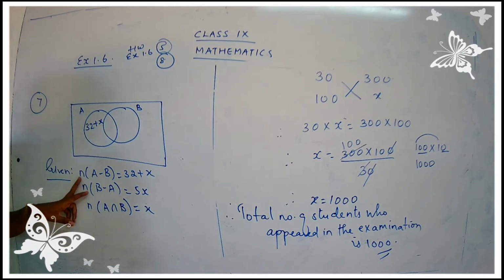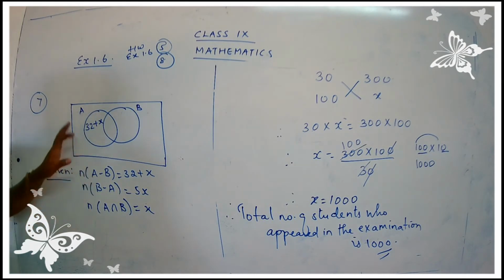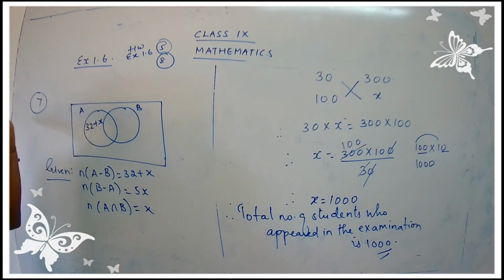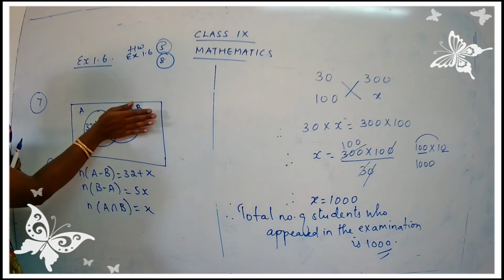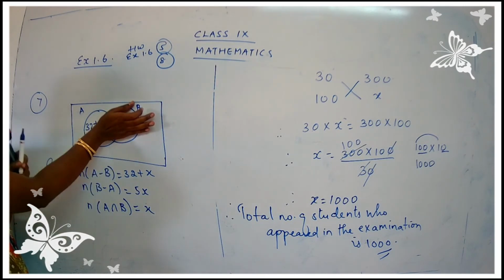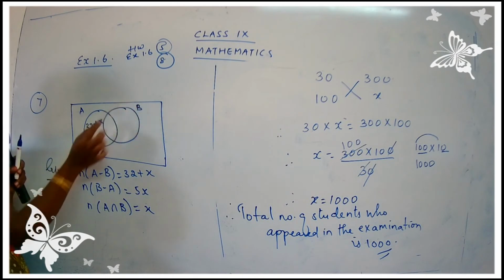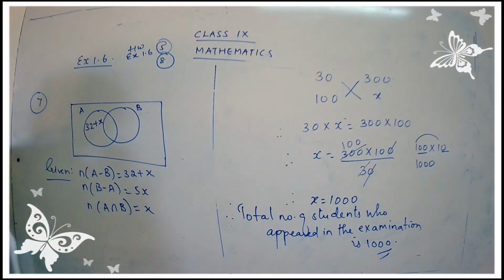See here, n of A minus B. We want A, we don't want B, so you have to just leave this set B. Don't touch B. This area gives you 32 plus x. n of B minus A is very easy.